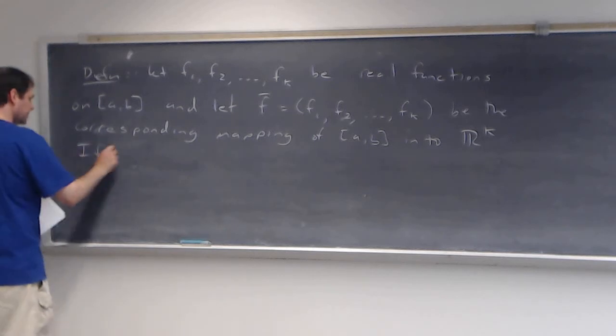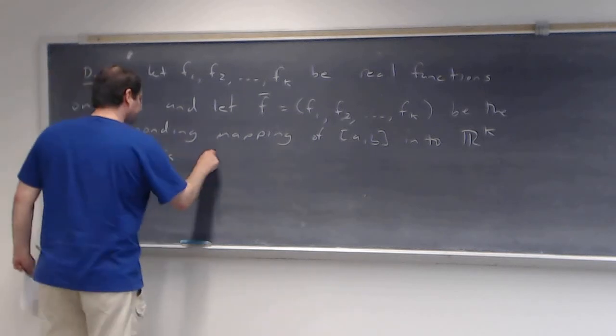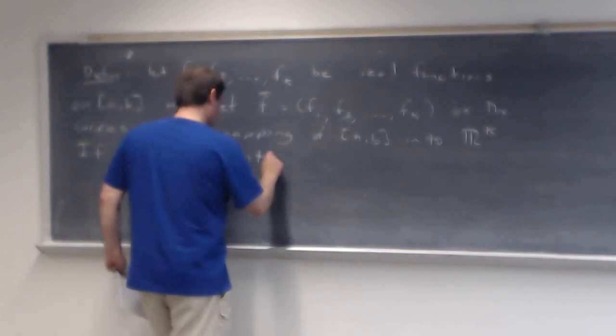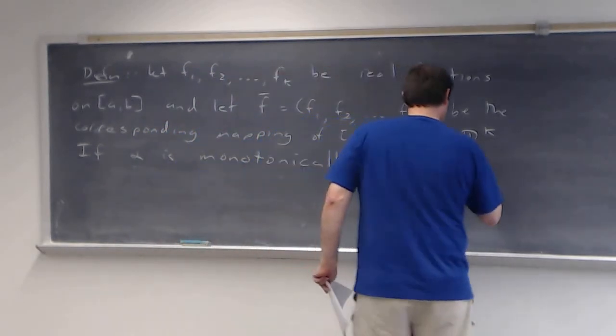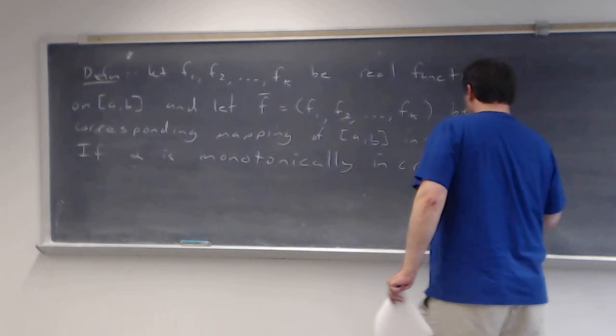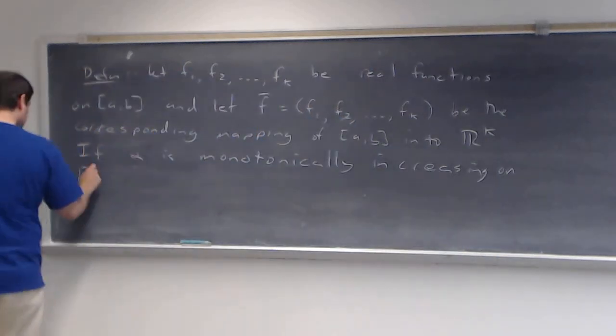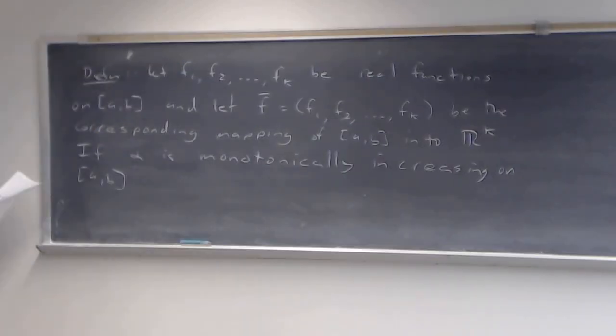Then we're going to suppose alpha is monotonically increasing on [a, b].